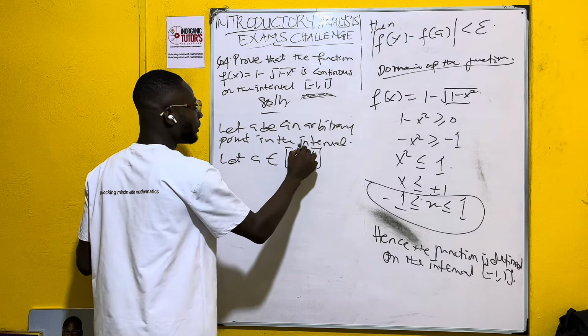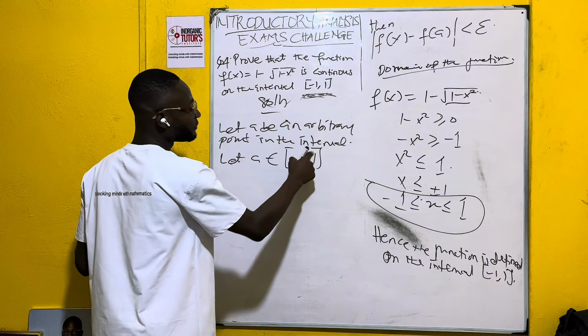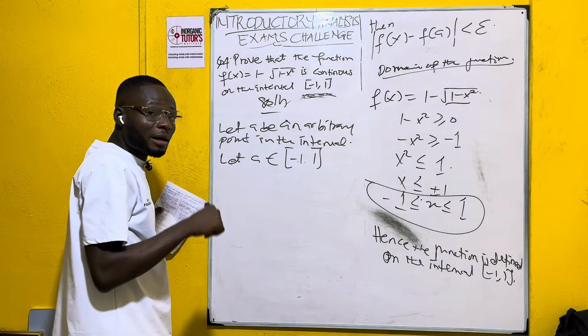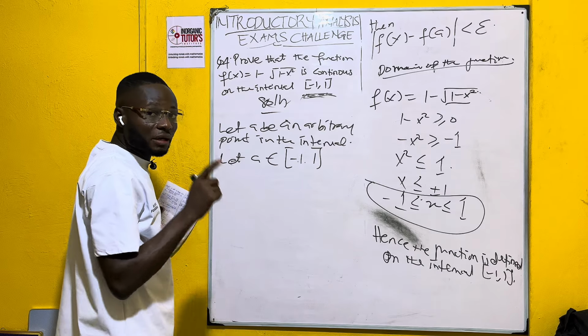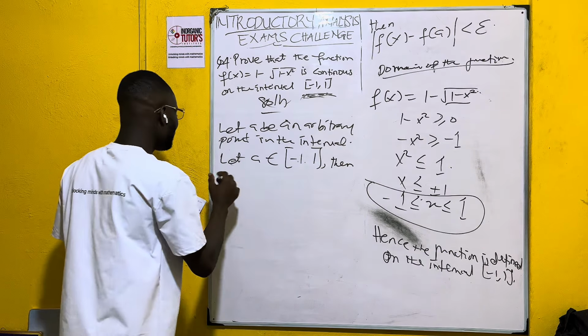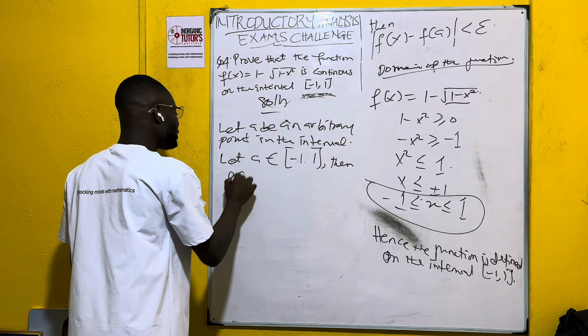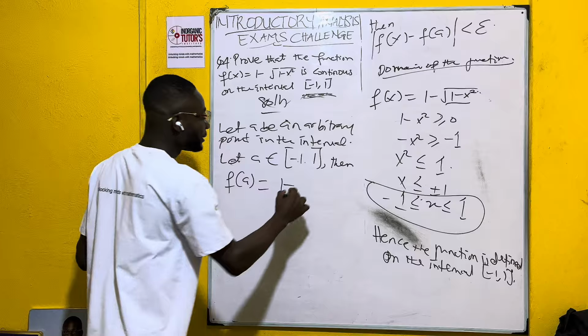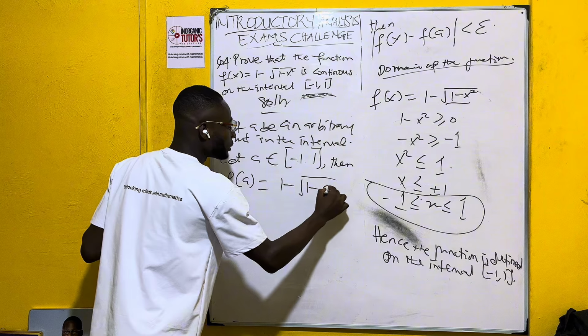Then we can say that the function of the point a is equal to 1 minus the square root of 1 minus a squared.